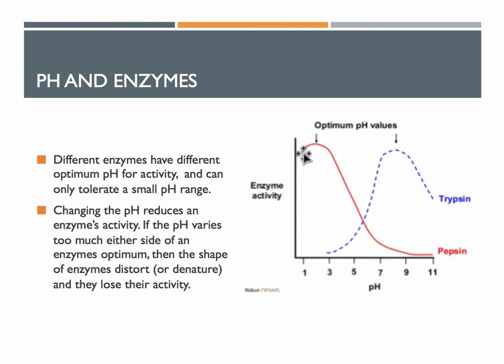If we look at pepsin, it's a digestive enzyme found in the stomach. We know that our stomach has a very acidic environment. So it has an optimum pH of around 2, but it'll work fairly well between a pH of 1 and 3, which fits because we know hydrochloric acid has a pH of around 2.